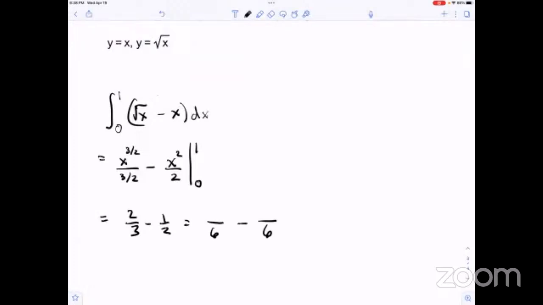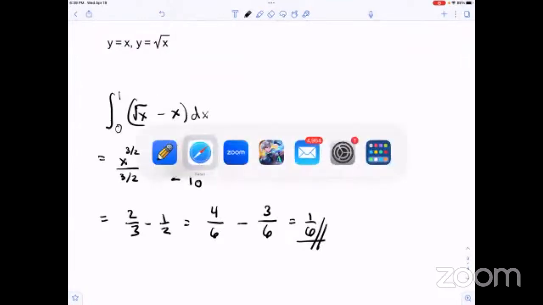So then we get 1 over 6. I think that's it. 1/6 of the unit, or 1/6 units squared. We got 1 over 6.